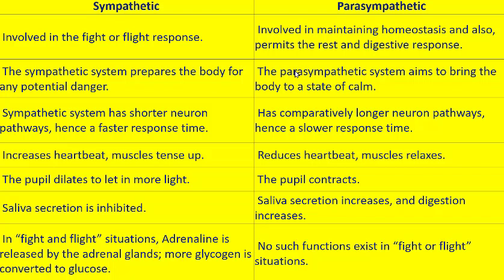Sympathetic system has a shorter neuron pathway, hence a faster response time. The neurons of the sympathetic nervous system are short, so the response is quick and faster. While the parasympathetic has a long neuronal pathway, so the action begins slowly or takes time, more time than the sympathetic nervous system.